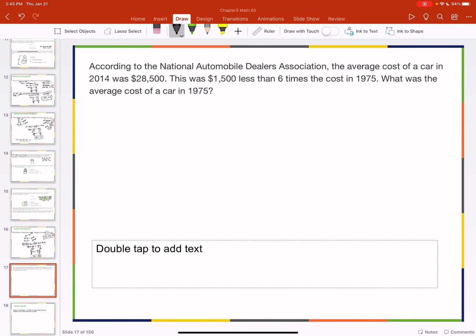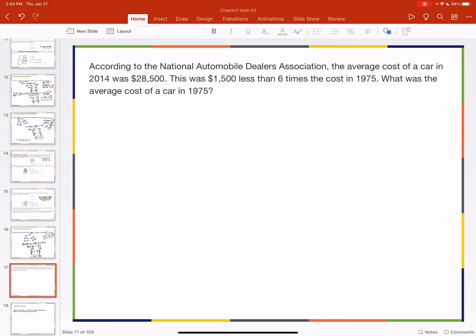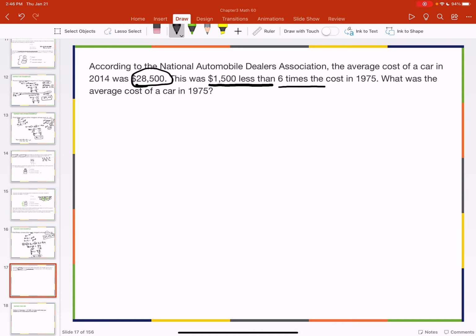Okay, last problem. We're doing an average cost here. According to the National Automobile Dealers Association, the average cost of a car in 2014 was $28,500. This was $1,500 less than 6 times the cost in 1975. What was the average cost of a car in 1975?